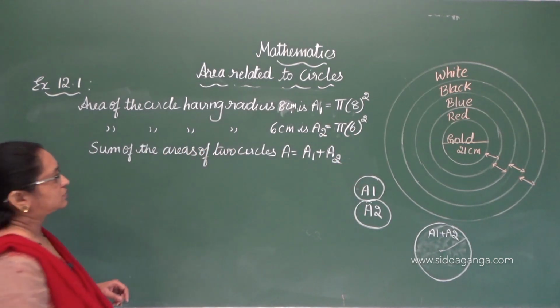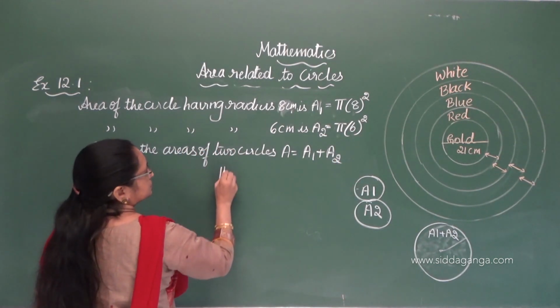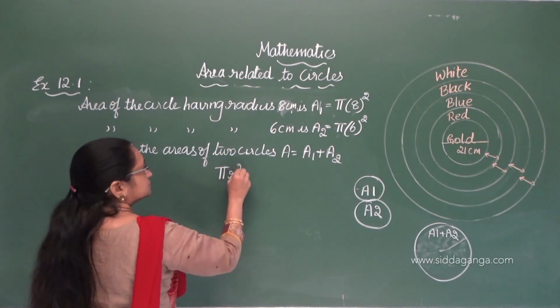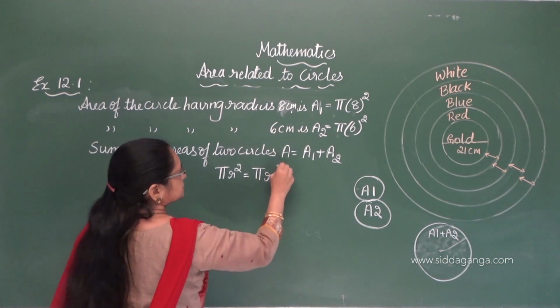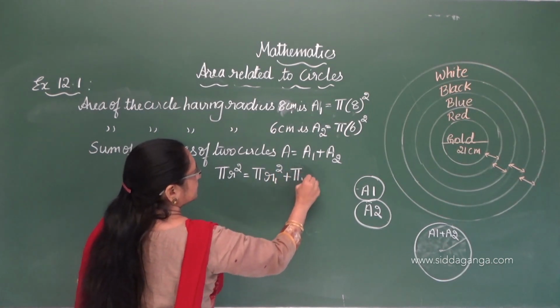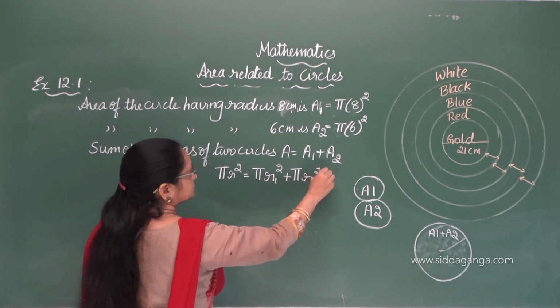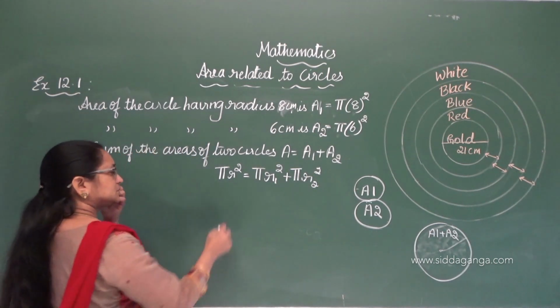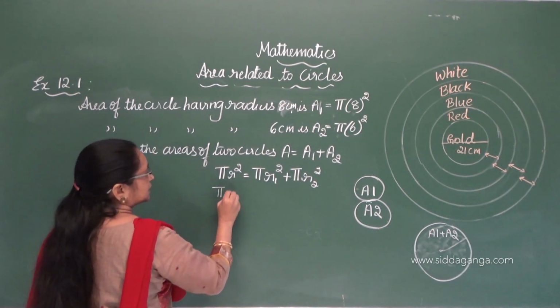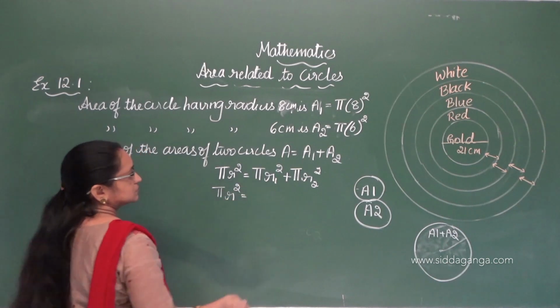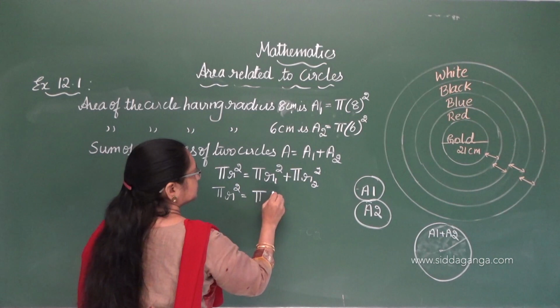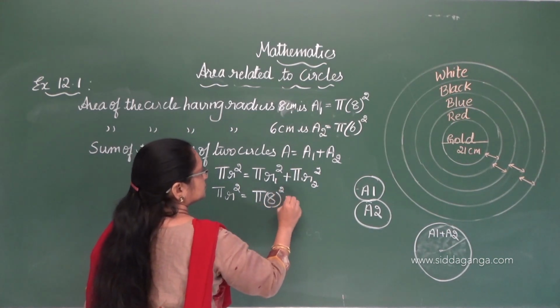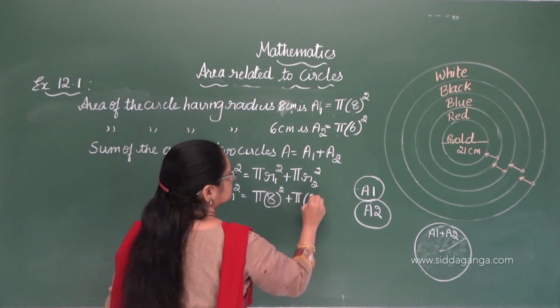Okay. Now here pi r square will be equal to pi r1 square plus pi r2 square, correct? So pi r square is equal to pi 8 square plus pi 6 square.